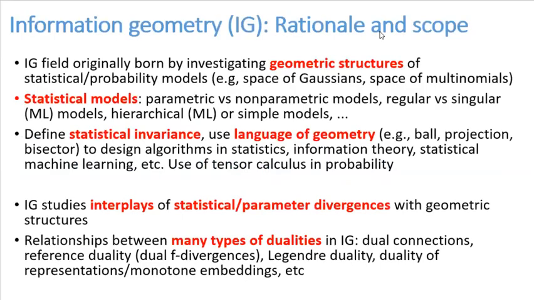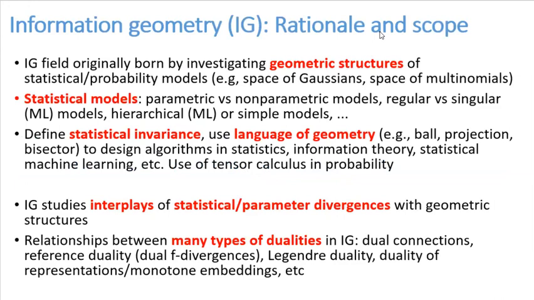Basically, the field of information geometry was born by asking oneself what is the geometric structure of statistical models. For example, if you have a space of Gaussian distributions or a space of categorical distributions, what is a nice geometric structure on that space? And people, especially the Russian school, looked at the definition of statistical invariance.